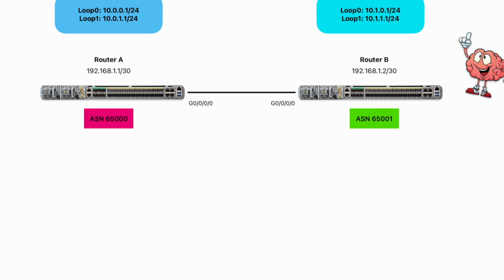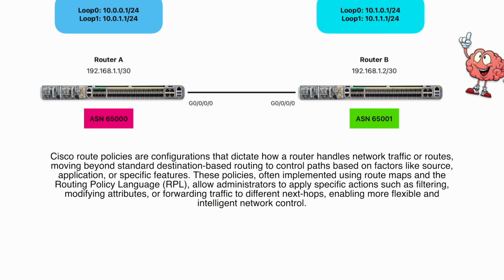All right, so let's talk about route policy running on Cisco IOS XR and the similarities and differences it has with route maps running on Cisco IOS and Cisco IOS XE. Cisco route policies are configurations that dictate how the router handles network traffic or routes, moving beyond standard destination-based routing to control paths based on factors like source, application, or specific features.